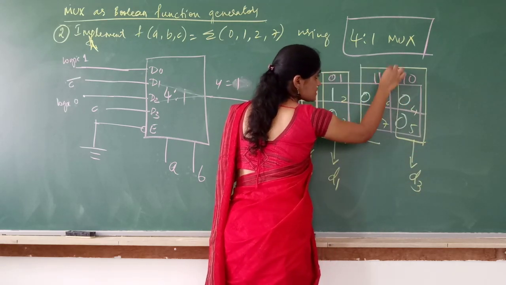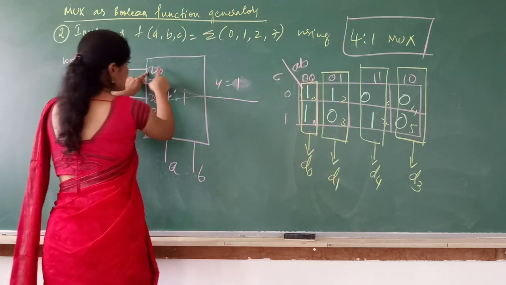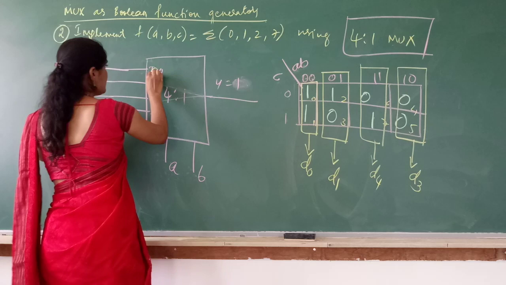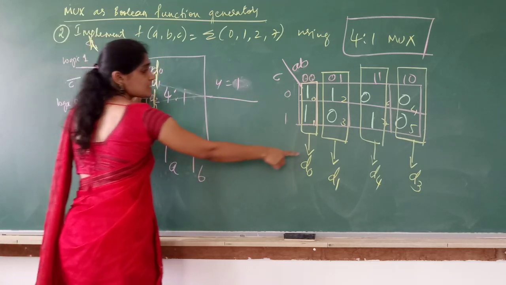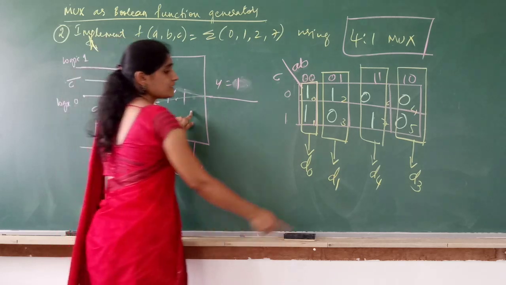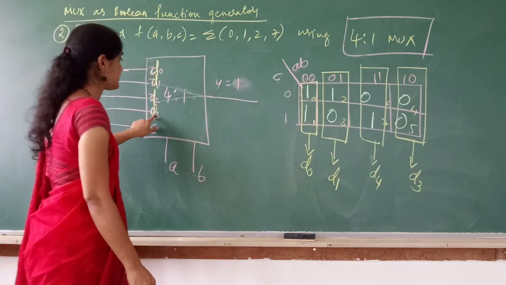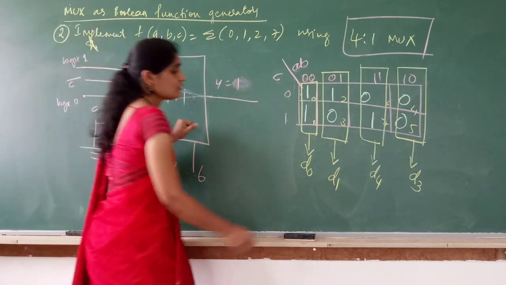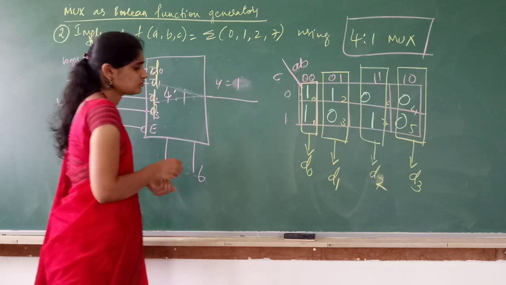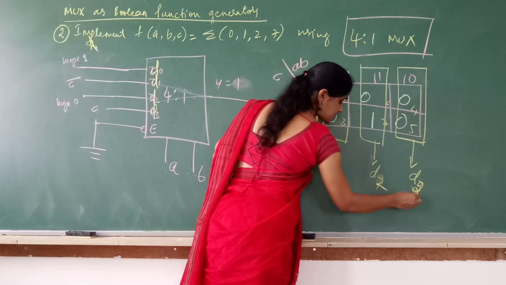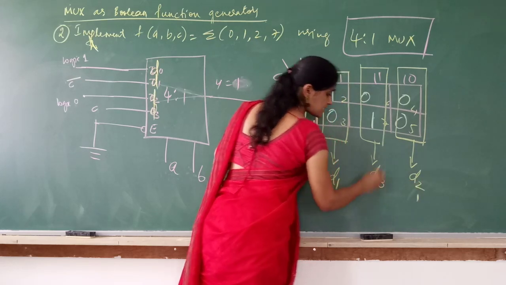Sorry, I wrote them wrongly. When 0, 0, D naught is selected. 0, 1, D1 will be selected. 1, 0, D2. 1, 1, D3. Correct?